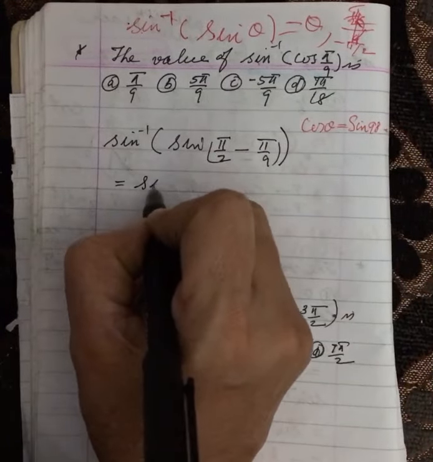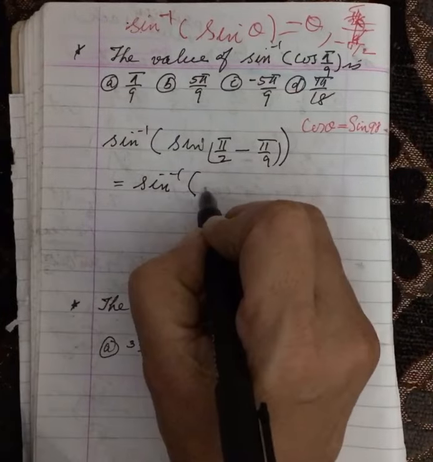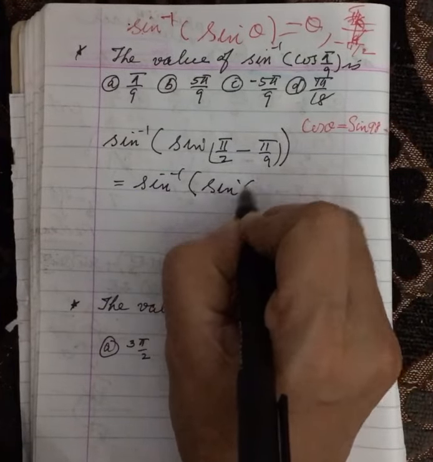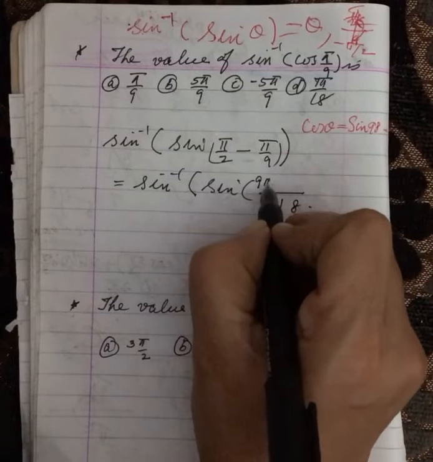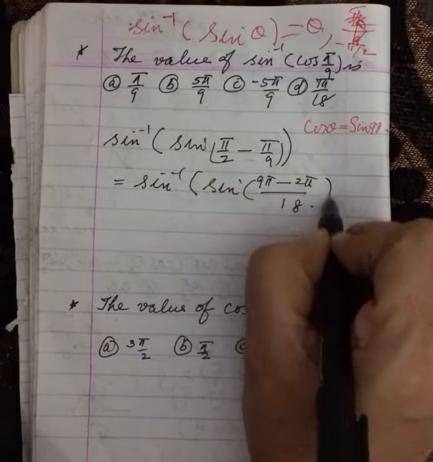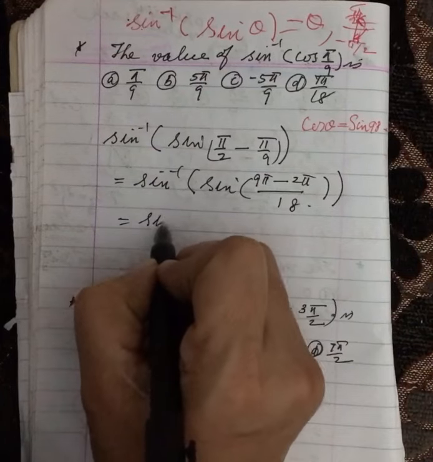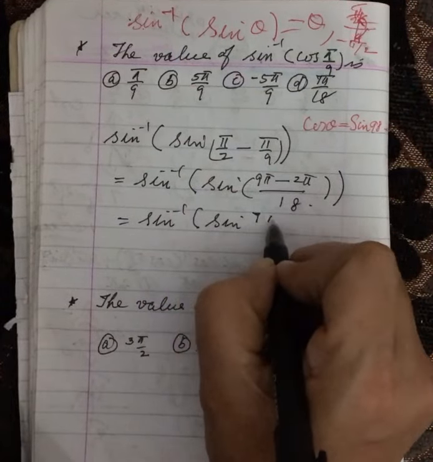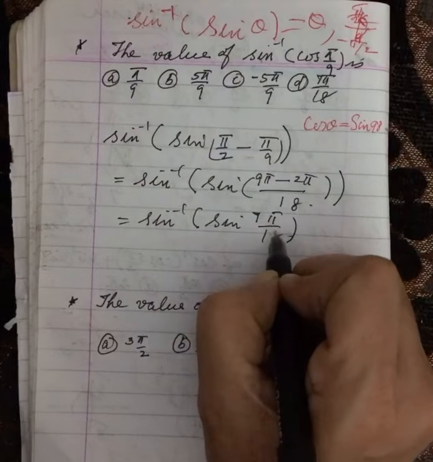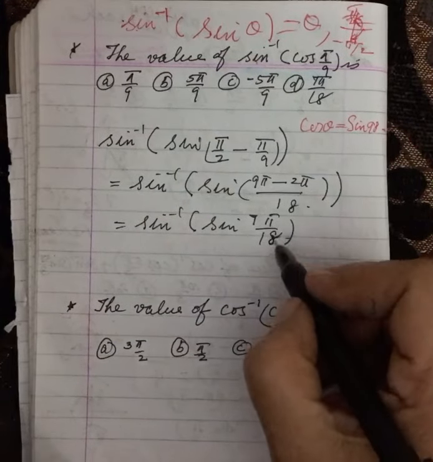That is equal to sine inverse of sine of, LCM is 18, so we get 9 pi minus 2 pi, and you get sine inverse of sine 7 pi by 18. Make sure that this angle is coming in the principal value branch.